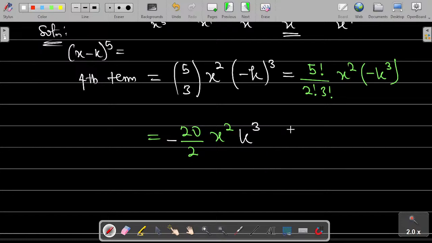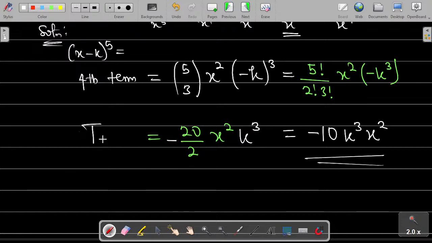And so if this one divides, finally we have minus 10 k raised to the power of 3, and then x raised to the power of 2. And that is our fourth term. So we can call it T4. Therefore, our T4 is equal to this. And that is the solution for number 49.